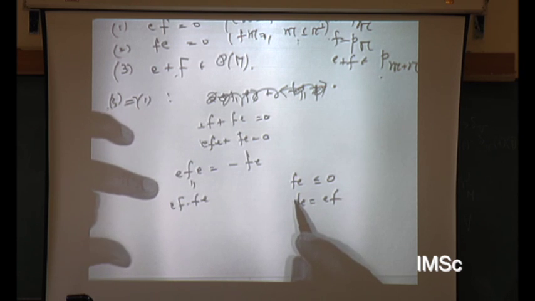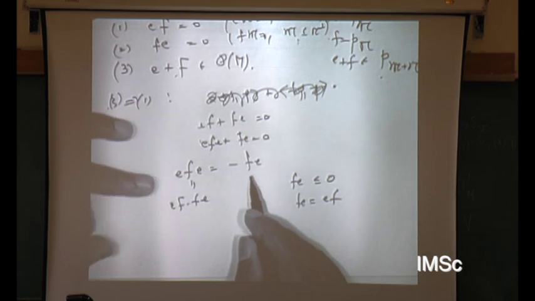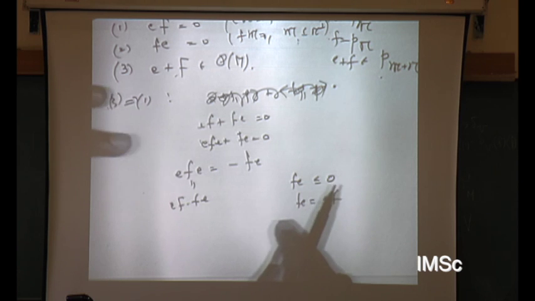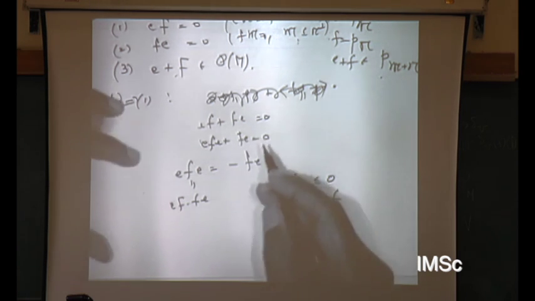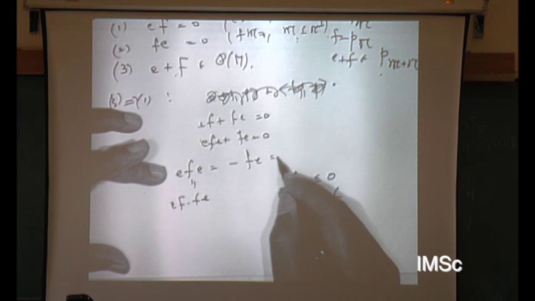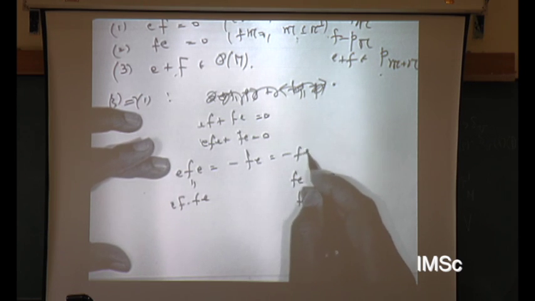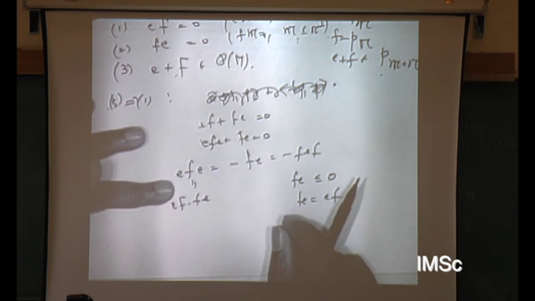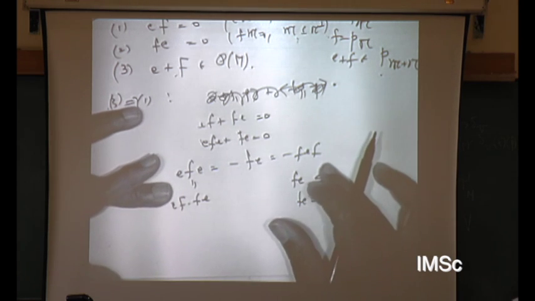If FE equals EF, then F and E commute. That means 2EF plus 2EF is the same as minus FEF, if you wish. The same thing here, it's positive one way, the other way it is negative.